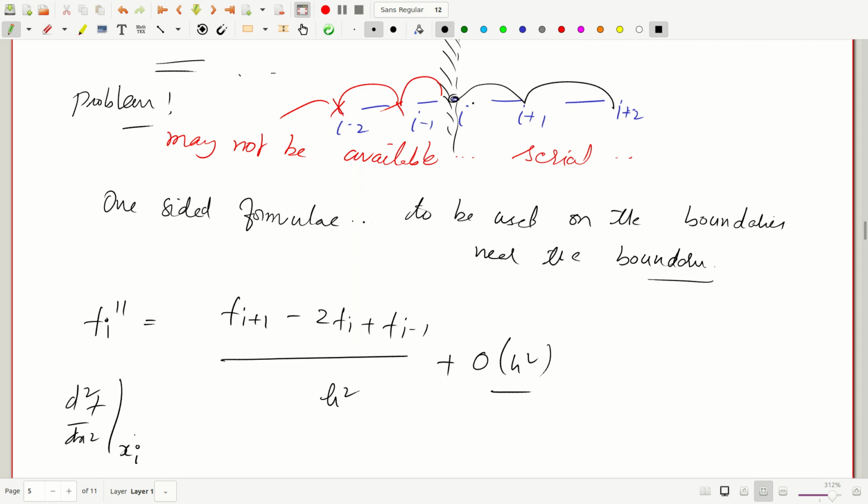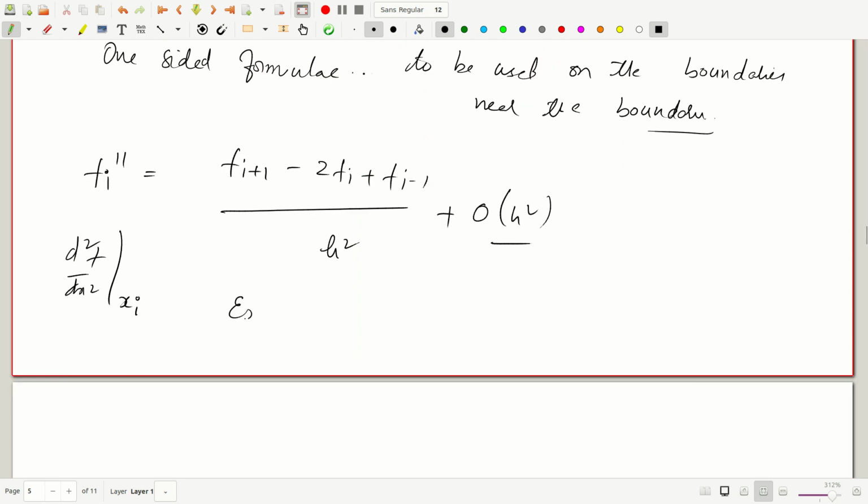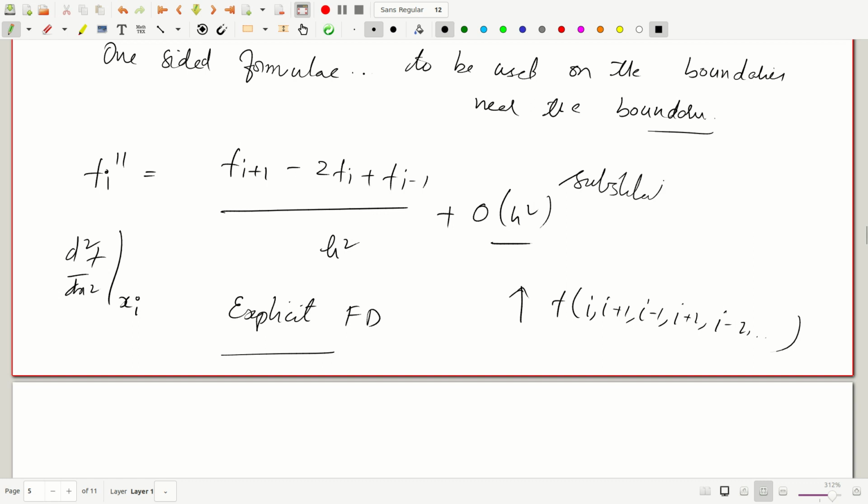Now these are called explicit finite difference formulae, as you already understand, because to calculate the value of the derivative, all you have to do is use this explicit expression. Essentially you plug in the values of f at i plus 1, i minus 1, i plus 2, depending on the stencil. Once you plug in the values of f_i, you can just substitute and calculate the values for the derivatives.